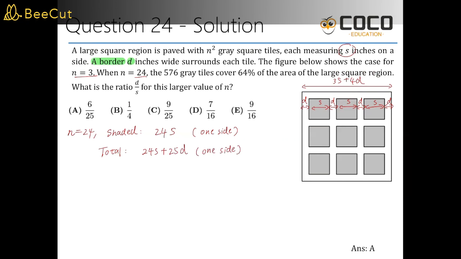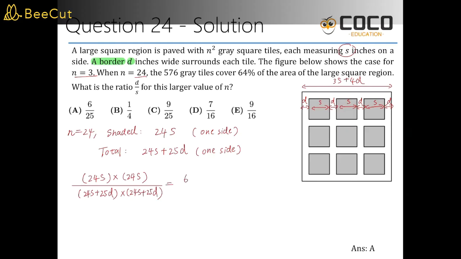When you compare the areas, for the shaded region, this is 24s times 24s. For the total, it will be 24s plus 25d times 24s plus 25d.